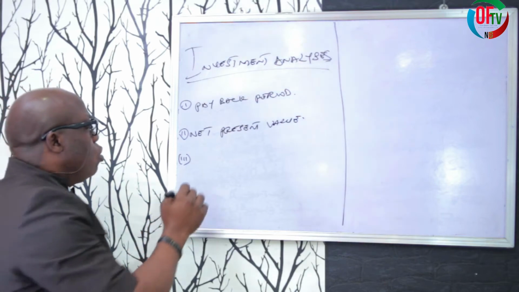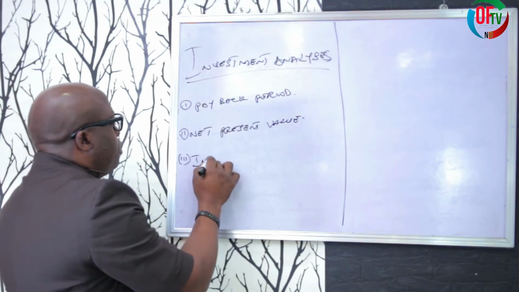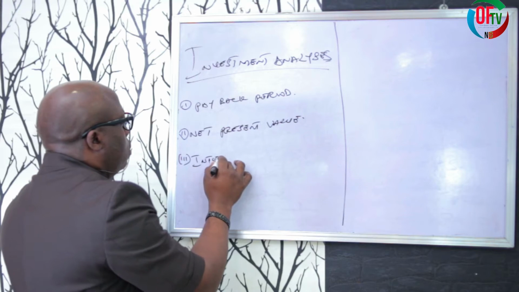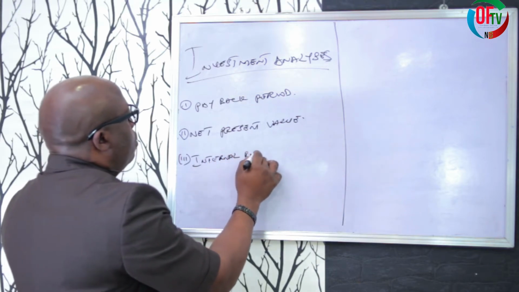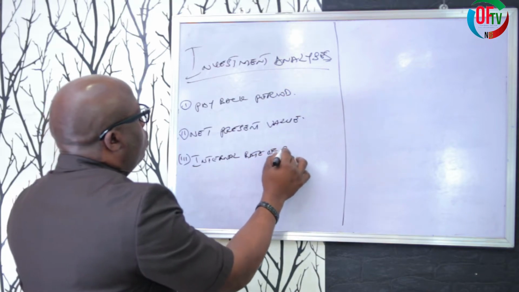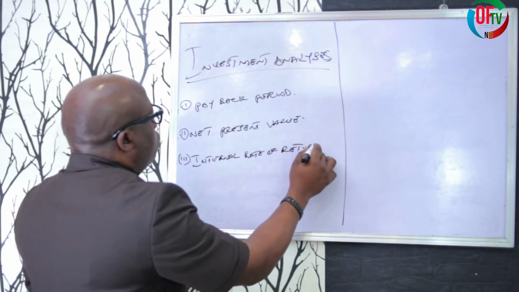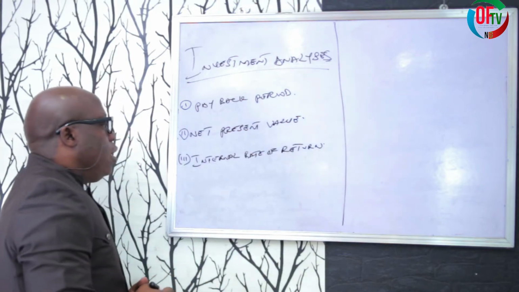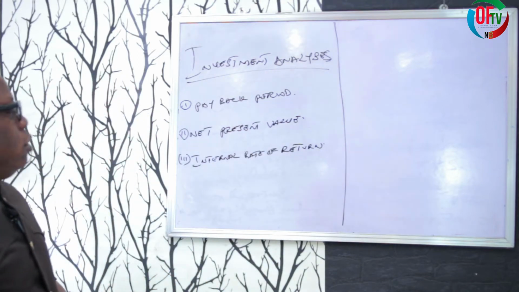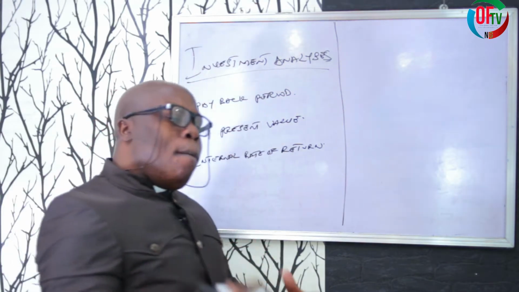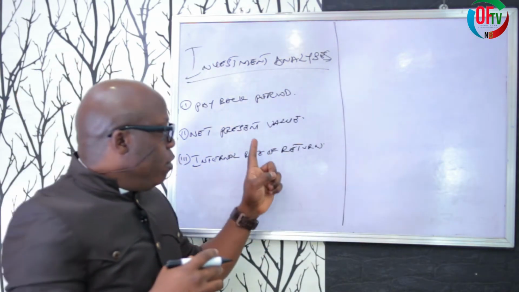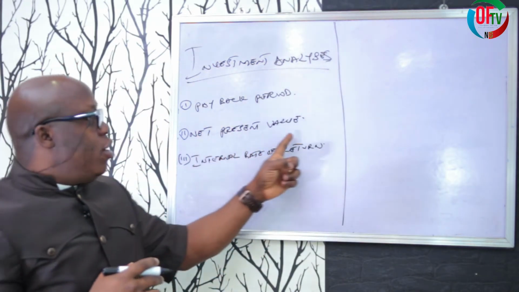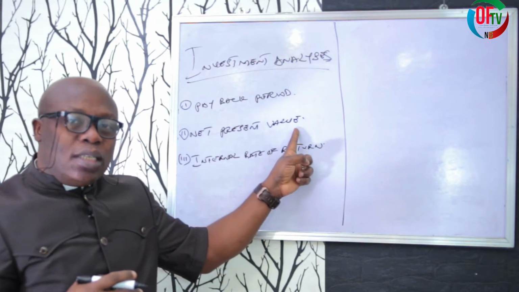Then after that, we also need to look at what we call internal rate of return. Internal rate of return is the number of the net profit, the net present value of that project.